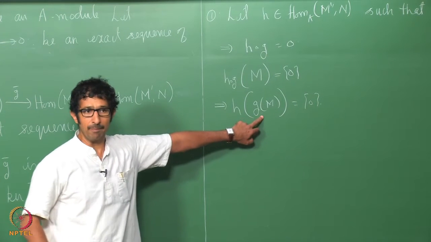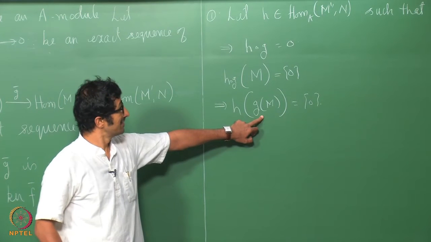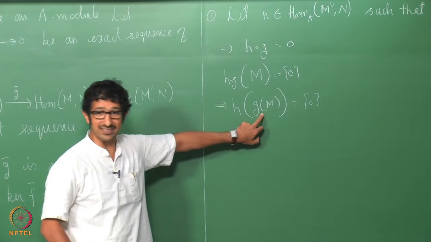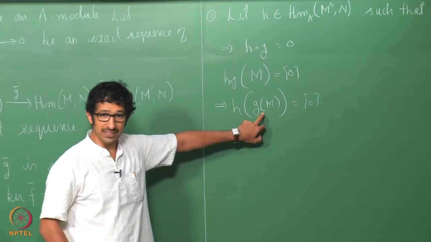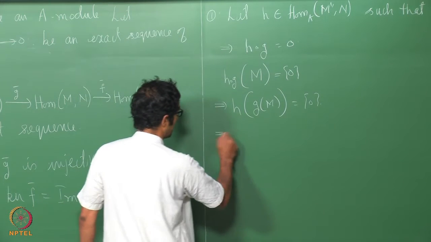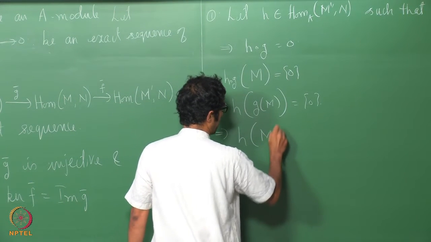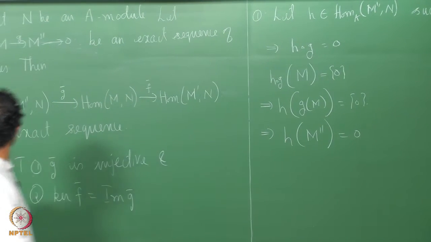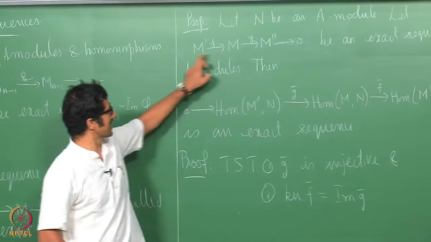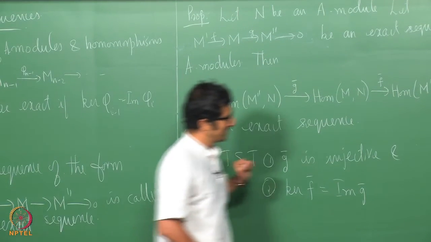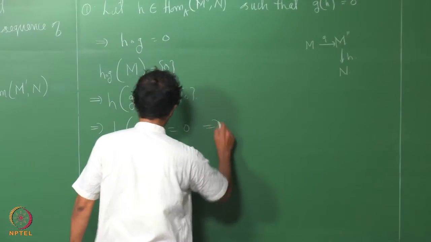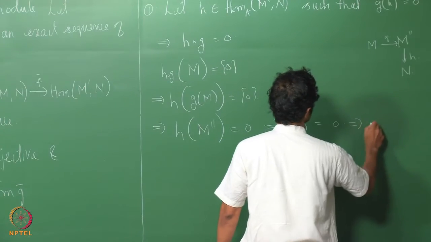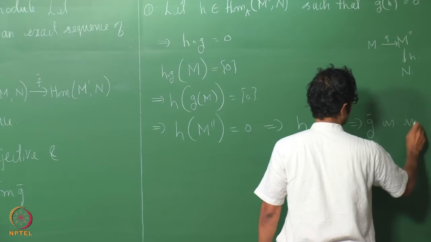But g is surjective, therefore g(m) ranges over all of M double prime. This implies that h of m double prime is 0, given that this map is exact. So this says that h is 0. That says that g bar is injective.